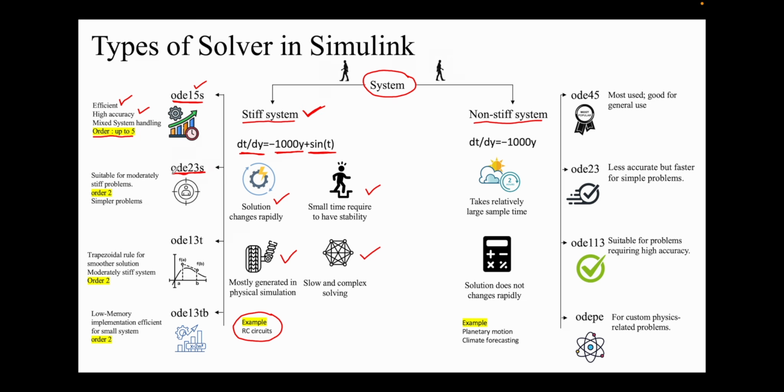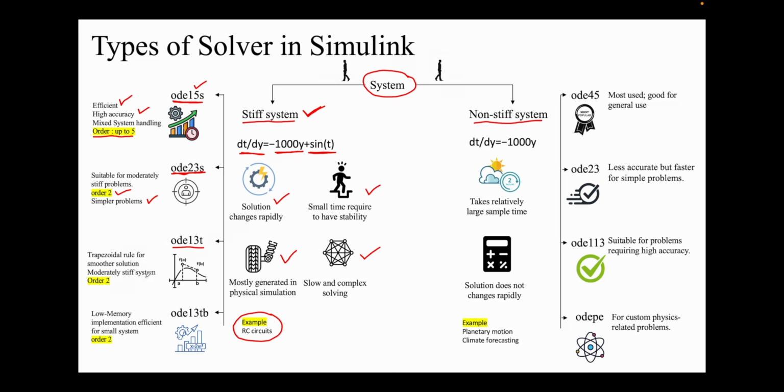ODE23S is applicable to simpler calculations, like very simple stiff systems, and the order of the solution is second order. In this case you will not get much accuracy, but you will solve the problem with a moderate amount of accuracy.